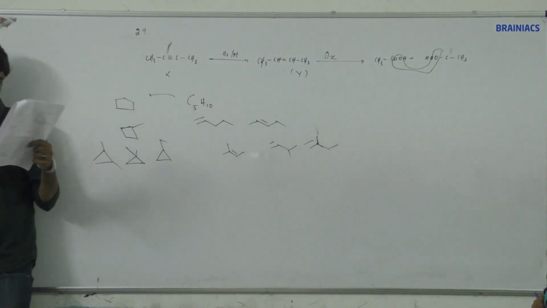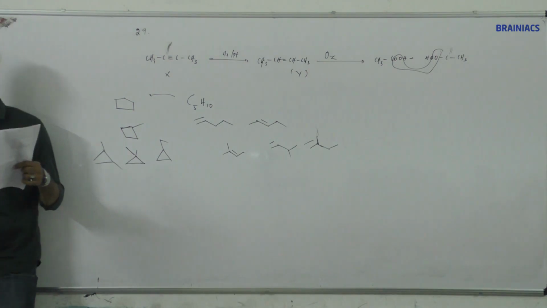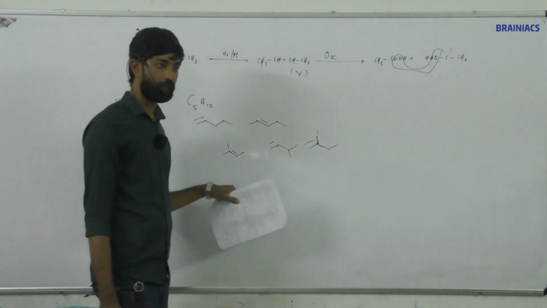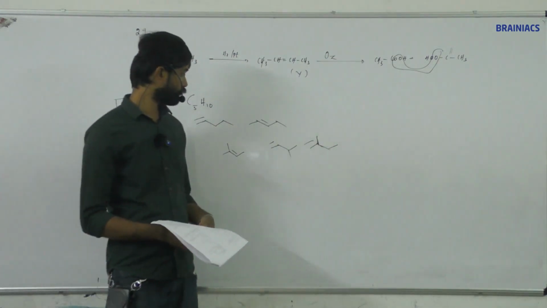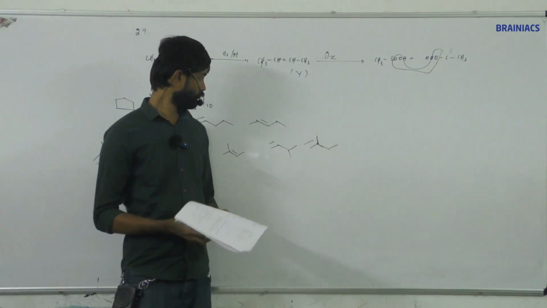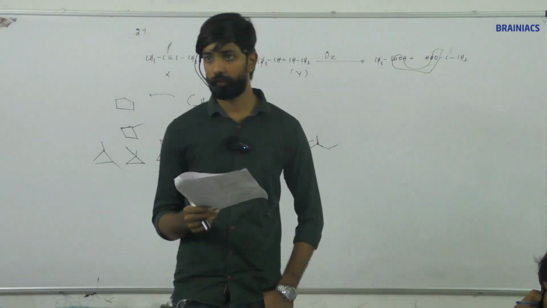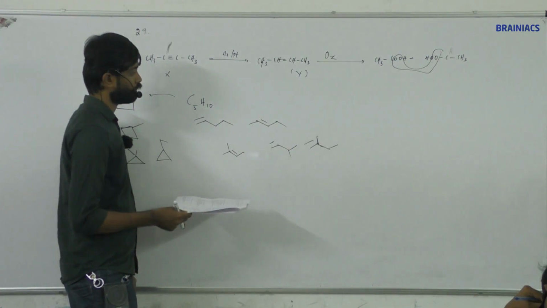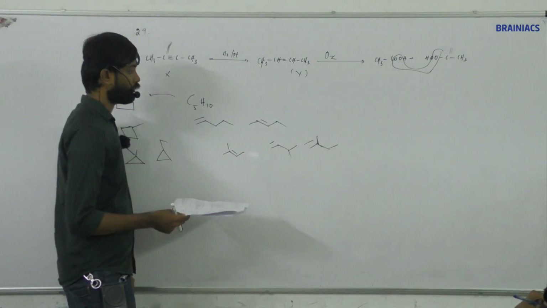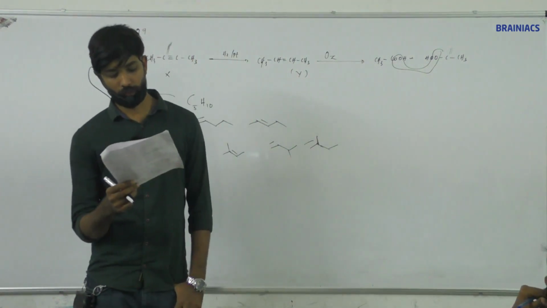But the question is about monosubstituted alkene, disubstituted alkene, trisubstituted alkene. So we simply consider alkenes, right? So there are only monosubstituted alkenes, right? Mono or di? Is there any mono and disubstituted alkene?